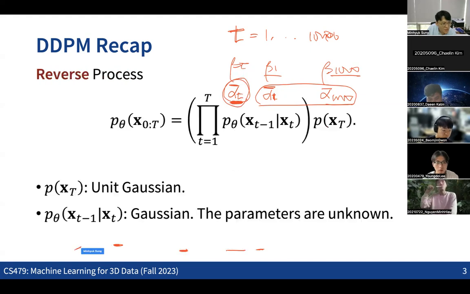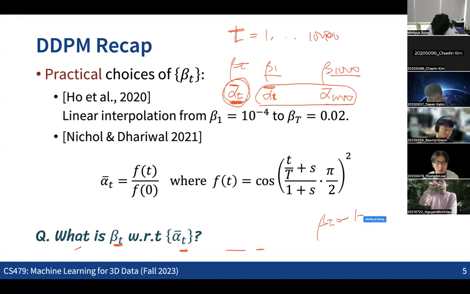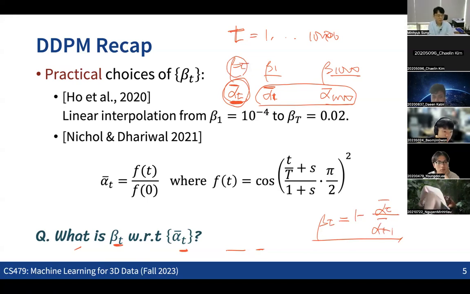So from this, we can see that, sorry, the beta t should be 1 minus alpha t hat over alpha t minus 1 hat, right? So that's what we can see. So instead of defining the beta, we can define the alpha hat, and calculate the other variables based on those numbers.